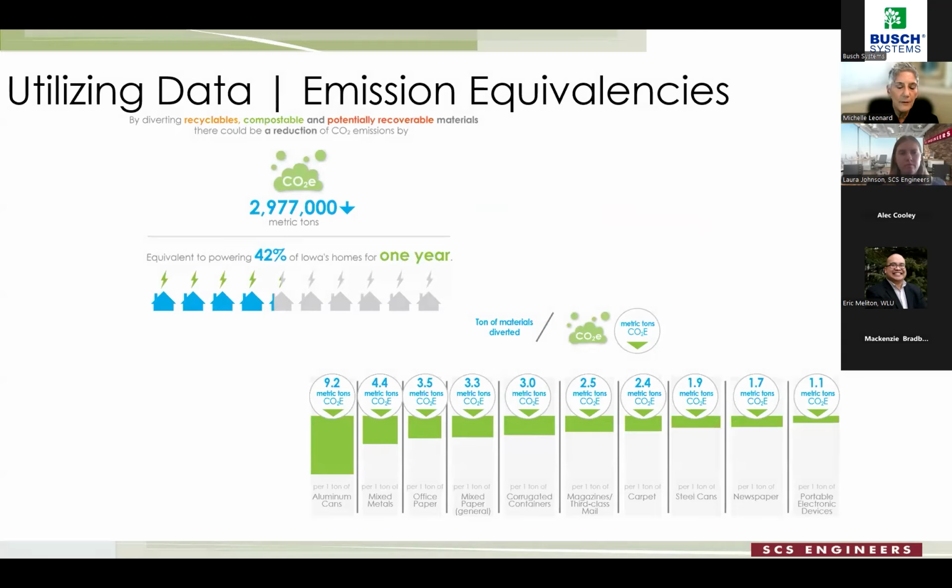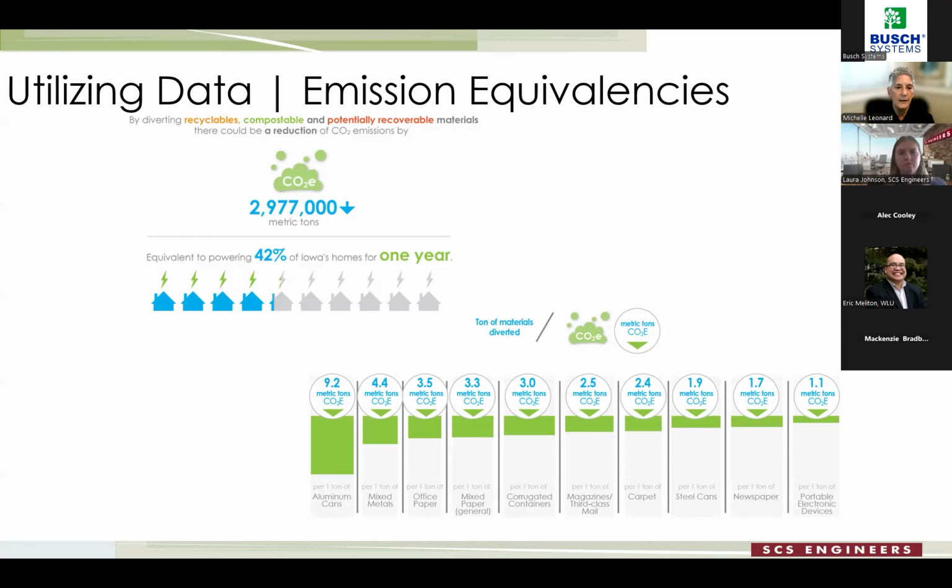And then what we often do is look at what the CO2 emissions would be on a total basis for the state if those materials were recycled or the organics were composted.